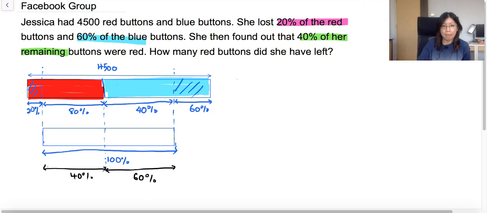Now we have the relationship between the red and the blue, but that is only in the end. Because I know that for every 4 red buttons, there will be 6 blue buttons, and so on and so forth. They move in that proportion. So out of 10 buttons, there will be 4 red and 6 blue.